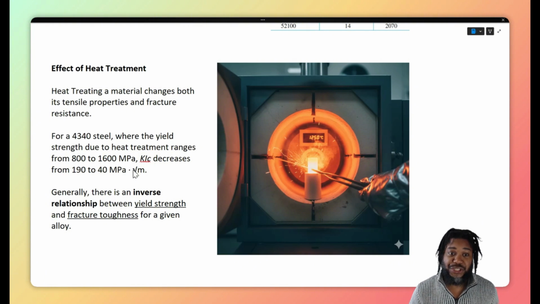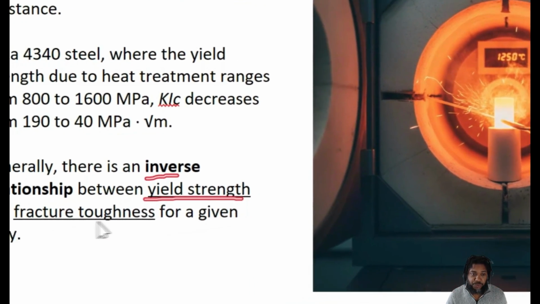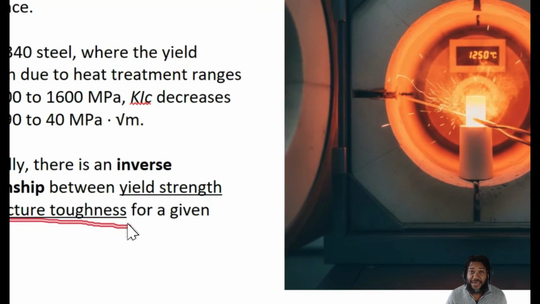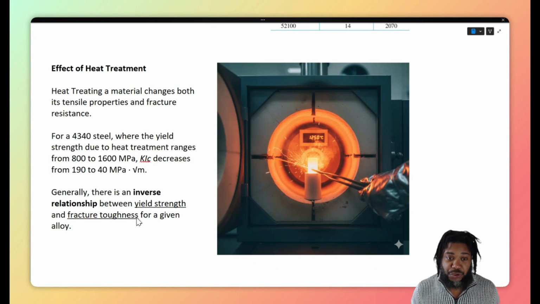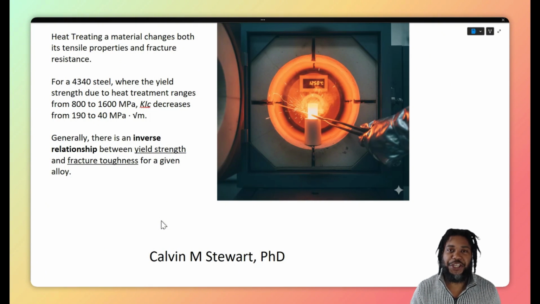So that's a big change in toughness. In general, in materials, there's an inverse relationship between the yield strength of a material and its fracture toughness. So as yield strength goes up, fracture toughness goes down. And with that, we have what we need in order to start solving fracture mechanics problems.